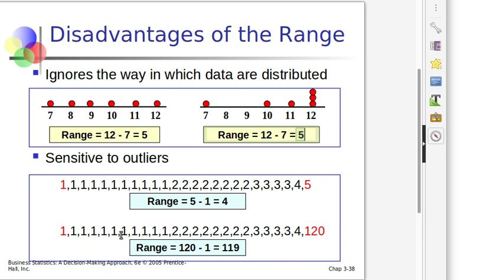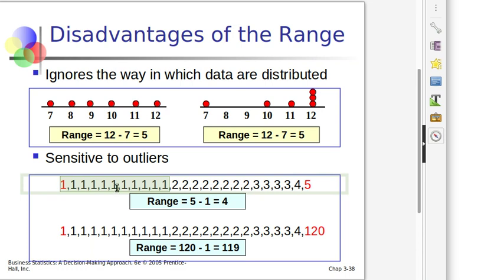For example, here in this data, the extreme values are 1 and 5. Okay, they're the extremes. But the range here will be just the same.